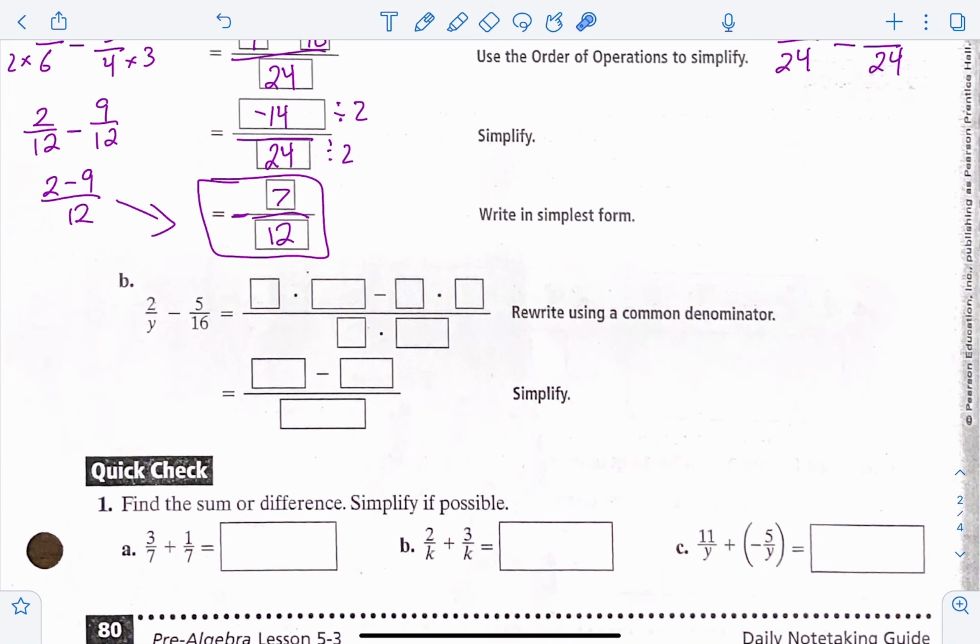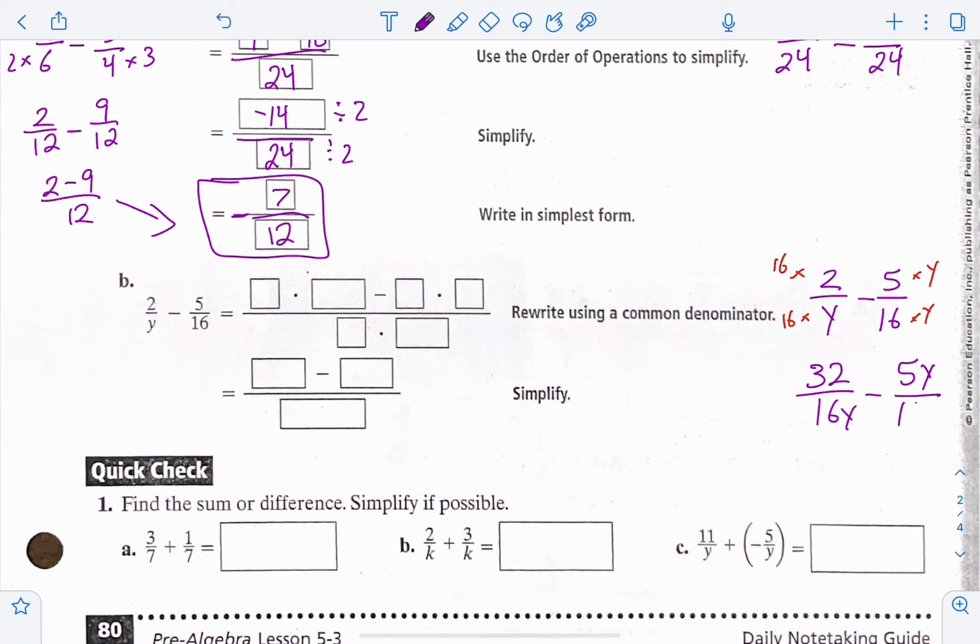When they have a variable, like 2 over y minus 5 over 16, you're going to have a 16y on the bottom, right? So the easiest way to do that is going to be that opposite denominator thing. So if we times this by 16 on top and bottom, and this by y on top and bottom, you end up with 32 over 16y minus 5y over 16y.